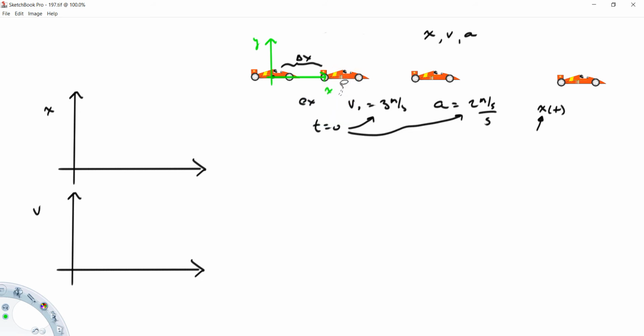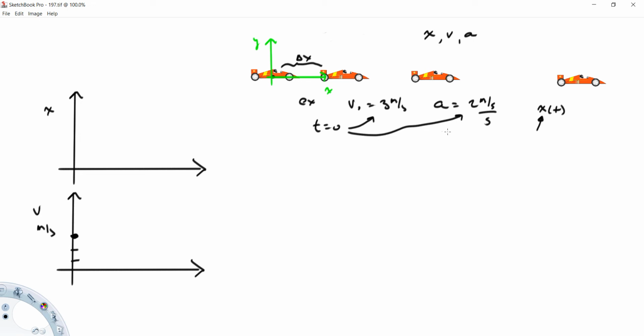Now, I always recommend in most problems to start with your velocity information, so let's start with that. At t equals 0, the velocity of the car is 3 meters per second. So I'm going to go 1, 2, 3, put a dot here, in units of meters per second.